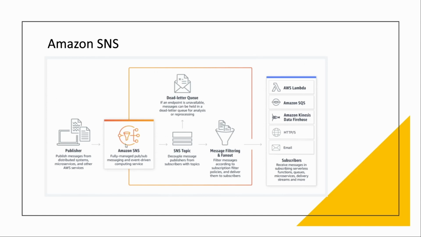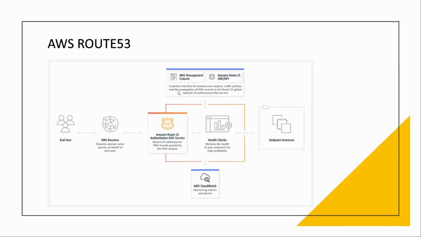It stands for Simple Notification Service. Okay, this is the diagram. So you have a publisher who wants to publish some messages on the AWS management console customer interface, okay, or through the SDK APIs, and the monitoring and CloudWatch metrics you can check in the AWS CloudWatch service.